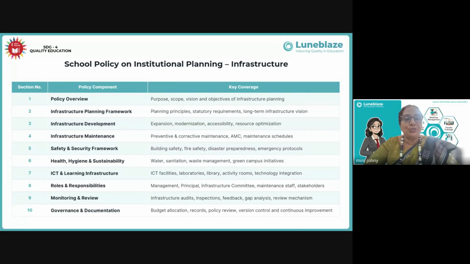School policy on institutional planning, infrastructure. So here we have to see institutional planning, infrastructure. What is the purpose of infrastructure planning? What is the purpose of planning? Can you tell me why should we plan?